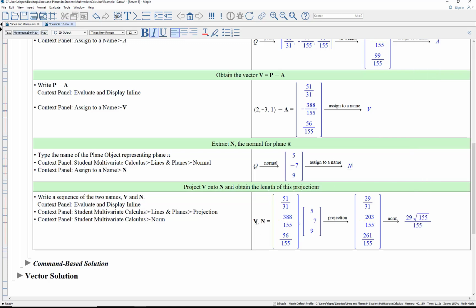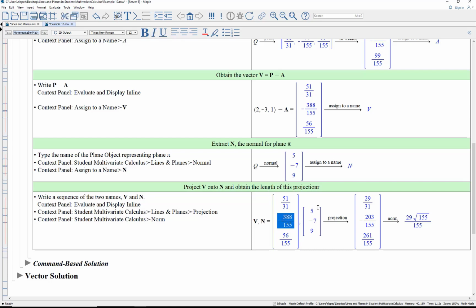Now, vector V, the normal N. Evaluate and display inline so we can see what it is it's looking at. We want to project this vector onto the normal, and then we're going to get the length of that.